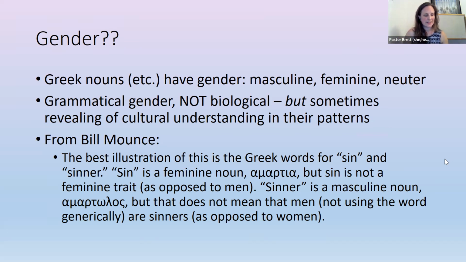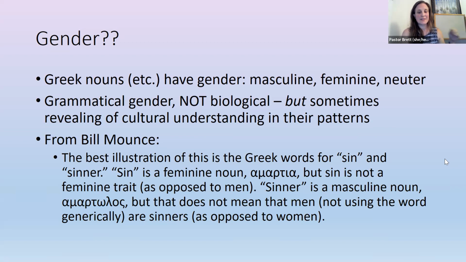Bill Mounce wrote a lot of Greek language instruction, is a scholar of biblical Greek, but he also comes from a more conservative theological tradition. And so he would say gender is never relevant when talking about Greek words. But it can be, because also in Greek, not only nouns, but adjectives have gender. So you have a feminine form of the word for good.